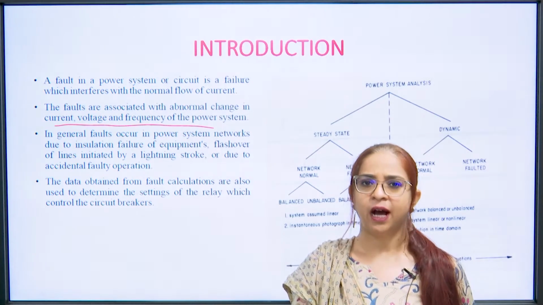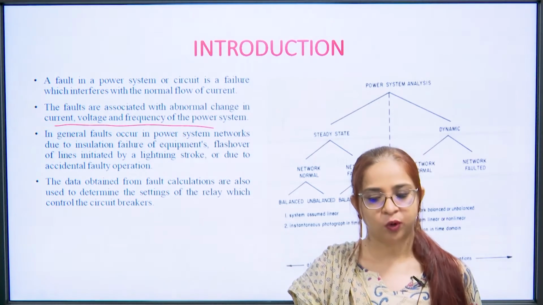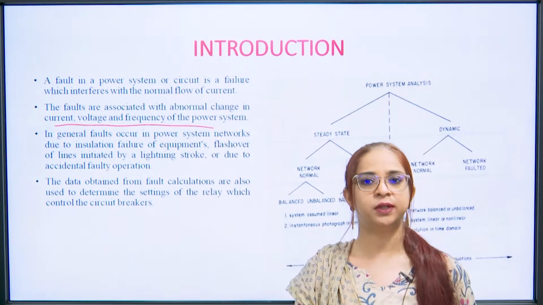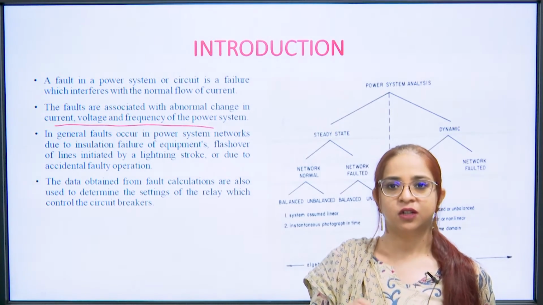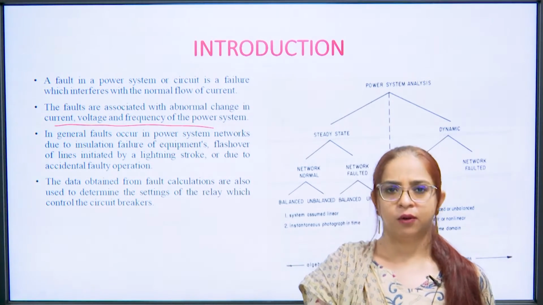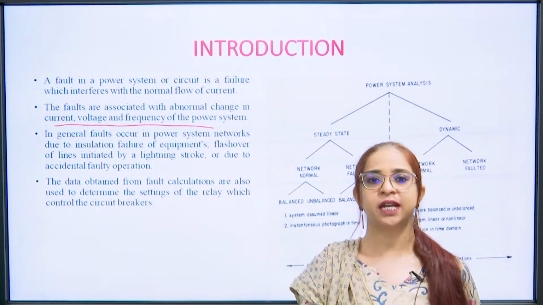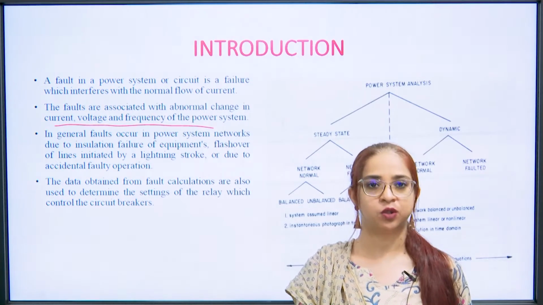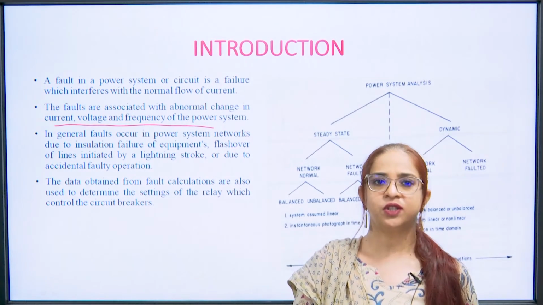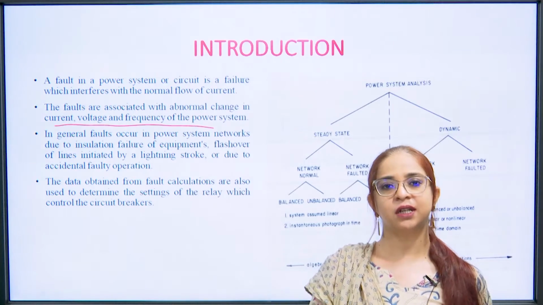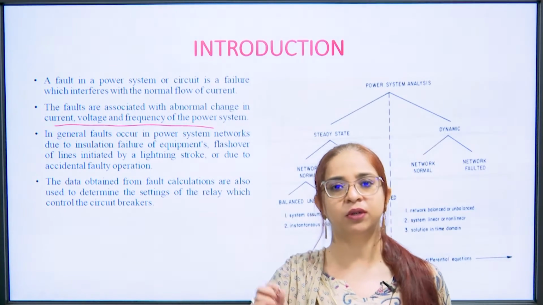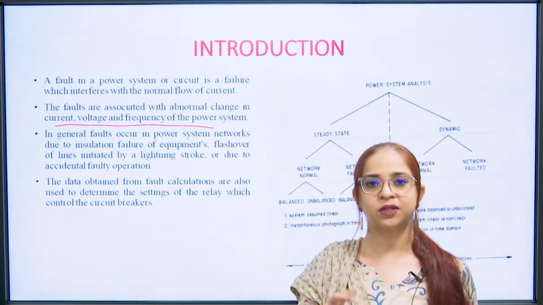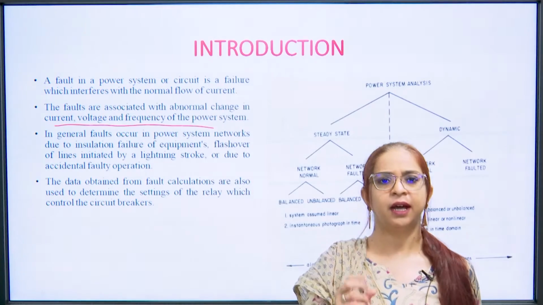So, how and why do faults occur? Then only we will move towards how we analyze them, correct? Let us think about the various reasons which can lead to a faulty situation in a power system. Generally, there are a large number of insulations around the equipment in the entire power system.